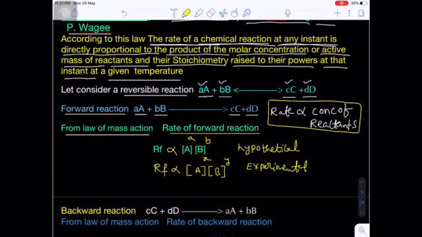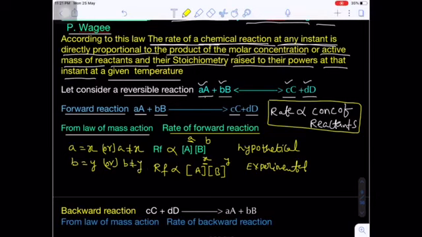Now here the important thing is the exponent. Here the exponent small a of A and the exponent x may or may not be equal. Exponent b and exponent y may or may not be equal.